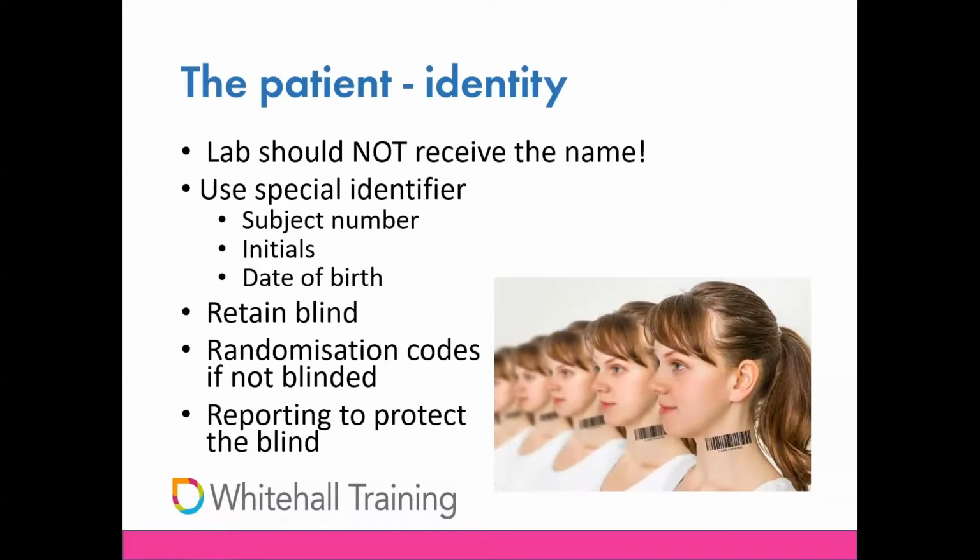This information, the information that identifies a patient, needs to be masked, but it needs to be done in a way that doesn't obliterate the other information that might be needed to identify the sample during the analytical process. If there's no other way of identifying the sample when you receive it than the personal details, these should be masked, and you should put in a unique lab identifier assigned to that sample in order to identify it.